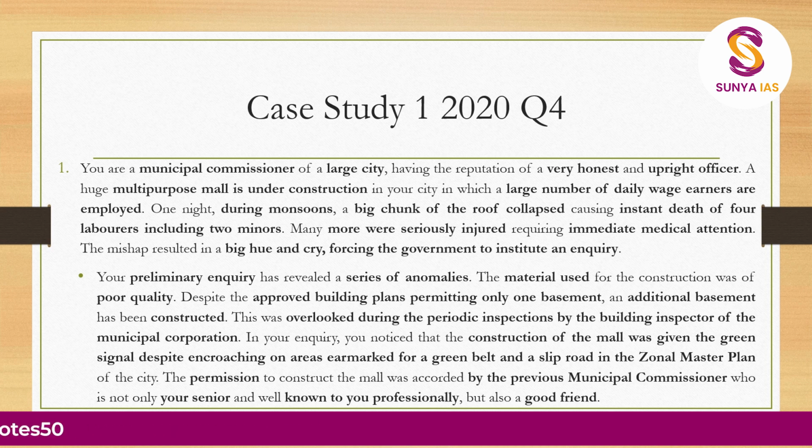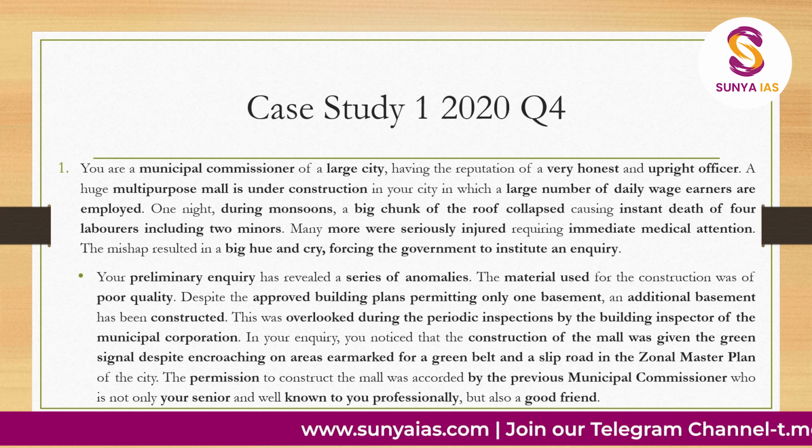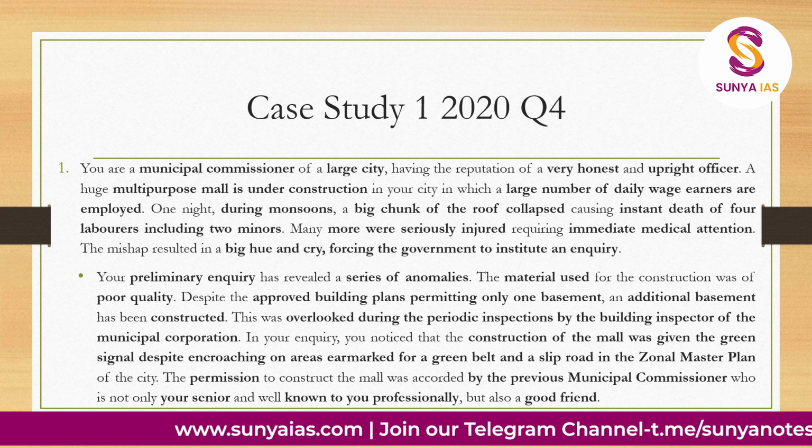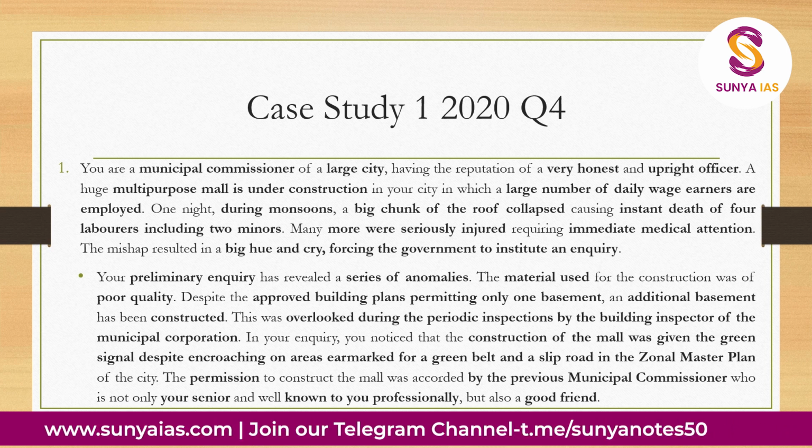And there were periodic inspections by the building inspector of the corporation, but he has not mentioned any of these in his reports. You also notice that construction of the mall has encroached on green areas and a slip road which was to be built in the zonal master plan. This permission was given by the previous municipal commissioner, and that person is your senior and known to you professionally, and he's also a good friend.